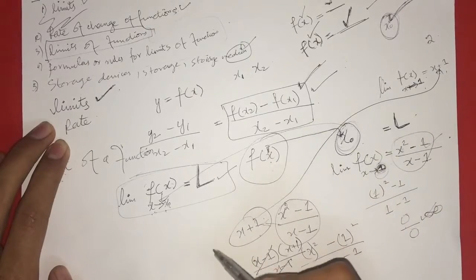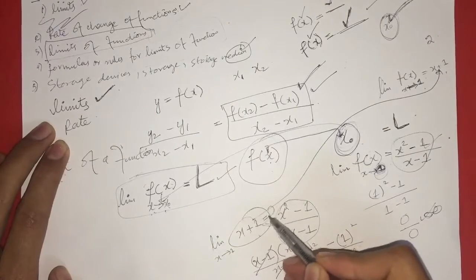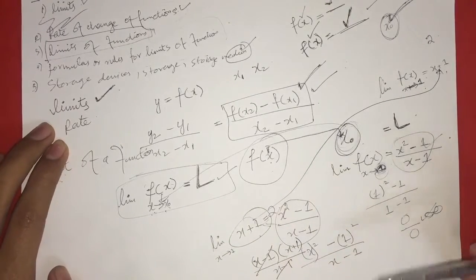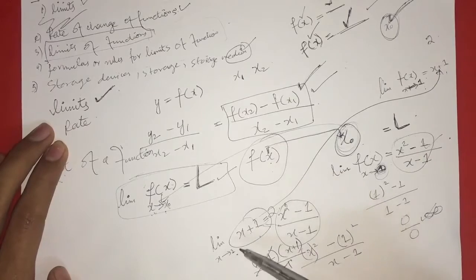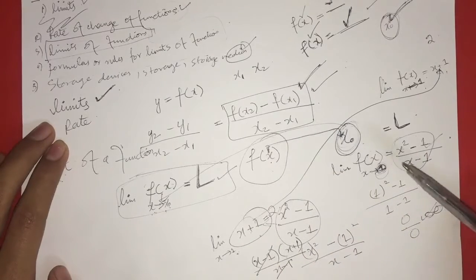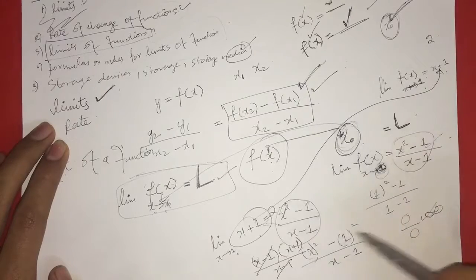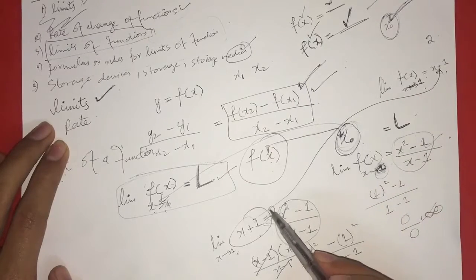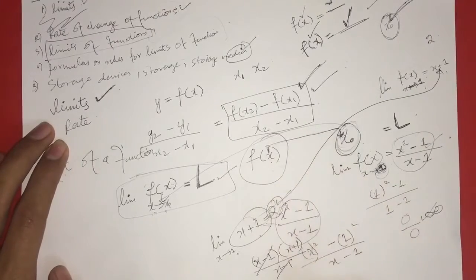So now if we put the limit of x approaches 1 here, it will actually give us 2. So if we approach 1, at 1 it wouldn't have been infinity, it would have been 2. At that point this function is not defined.